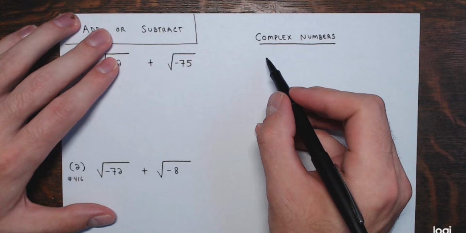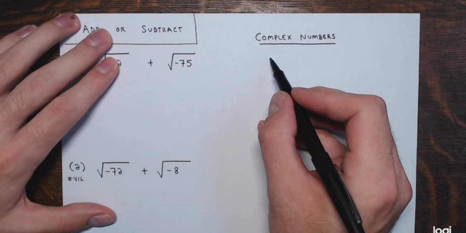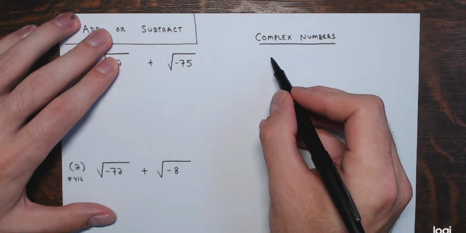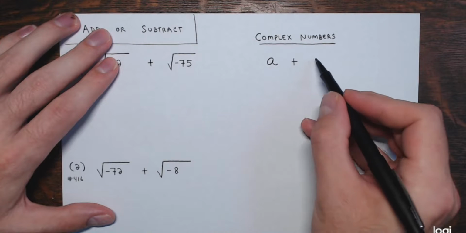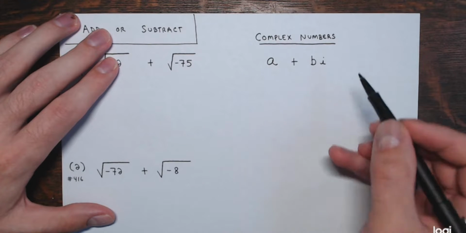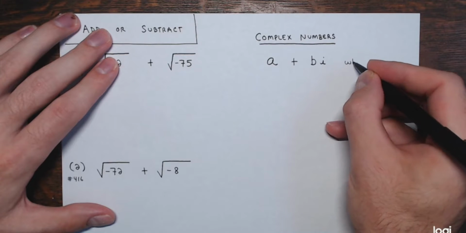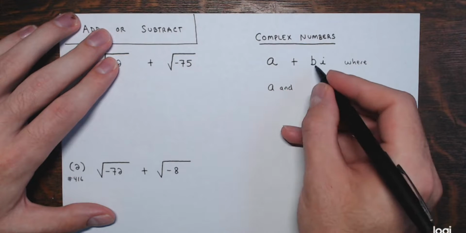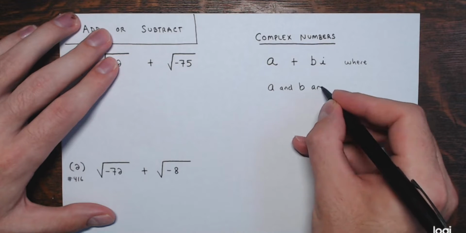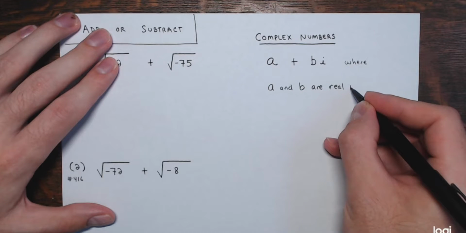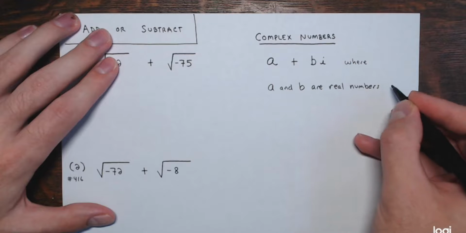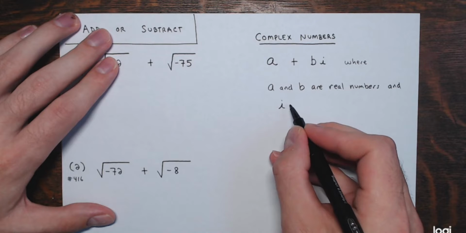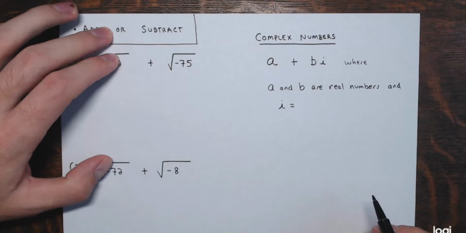The standard form of a complex number: every complex number can take the following form, a plus b times i, where a and b are real numbers, and i, if you recall from a previous video, is the imaginary unit.